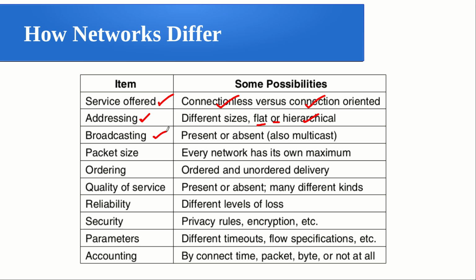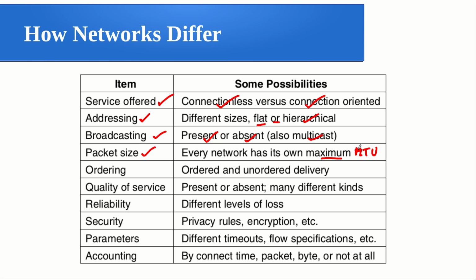Now of course broadcasting, whether it is present or absent in a network. Sometimes the network will focus only on unicasting, they don't want broadcasting. So whether the network actually demands broadcasting or not. Similarly multicasting, and the difference between unicasting, broadcasting, multicasting, I hope you are already clear about. Then packet size: every network has its own maximum packet size, the maximum transmission unit, which we will see.